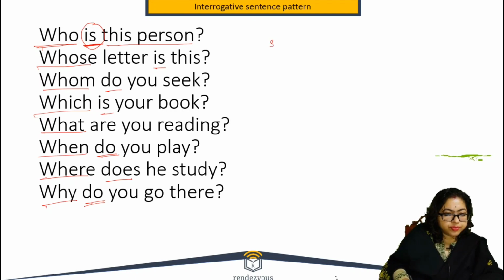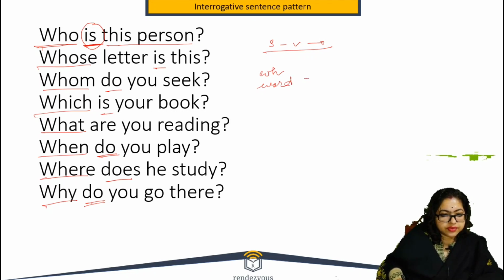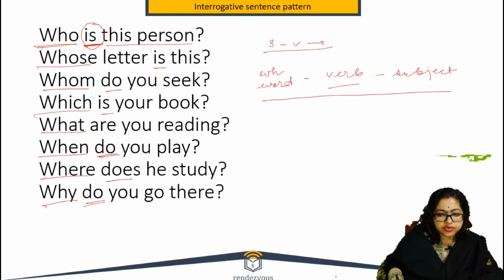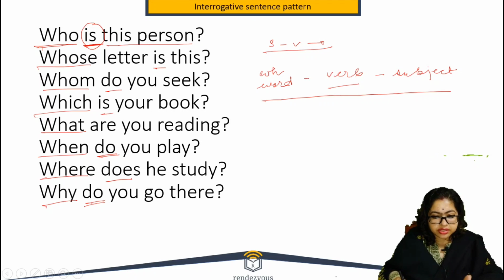So the SVO pattern is not followed here. What is followed is first the WH word, then the verb, then the subject. So for interrogative sentences, we have an altered sentence pattern which is different from the SVO structure. Obviously, the SVO structure is for assertive sentences only.